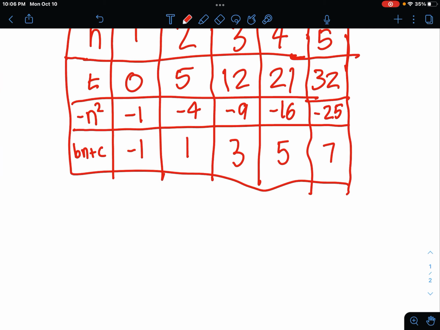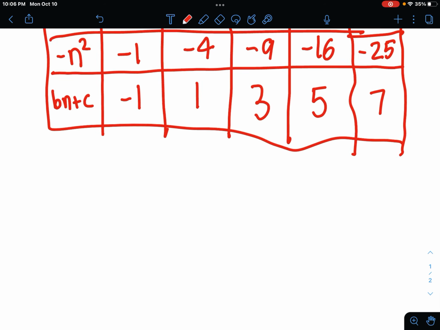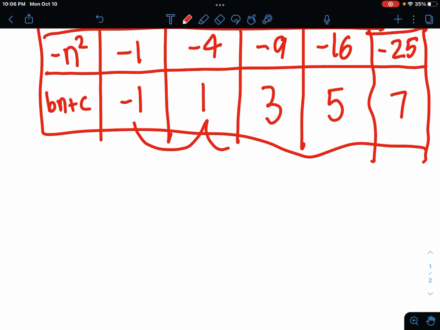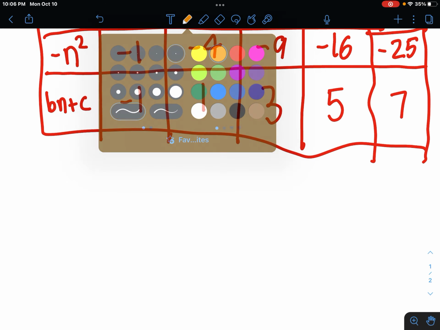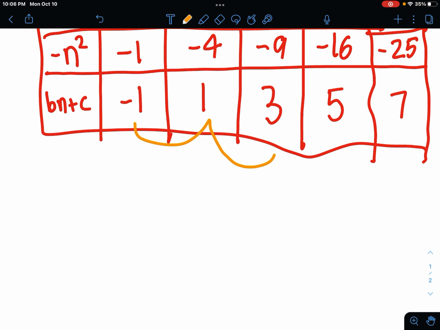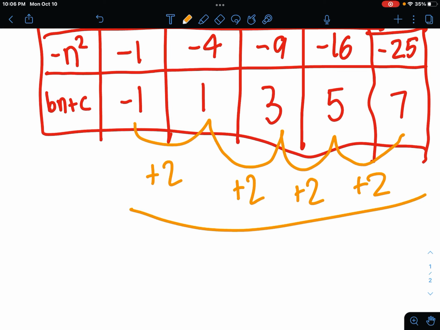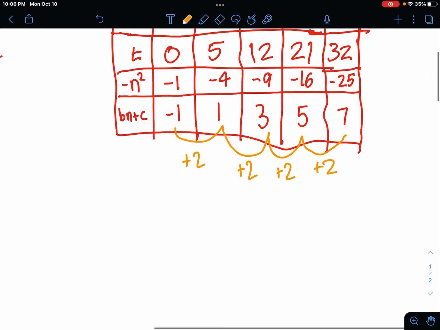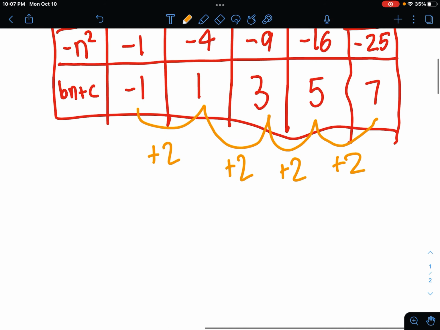So in order to know if you're right, these numbers must be linear. Here, let me choose a different color. These numbers must add up in a linear fashion. In this case, it's +2, +2, +2, +2. If you have +2, +4, +6, it's just changing, that is wrong. Then you should go back in the video and see what you did wrong. But now you'll see that we have a linear pattern, which is good.